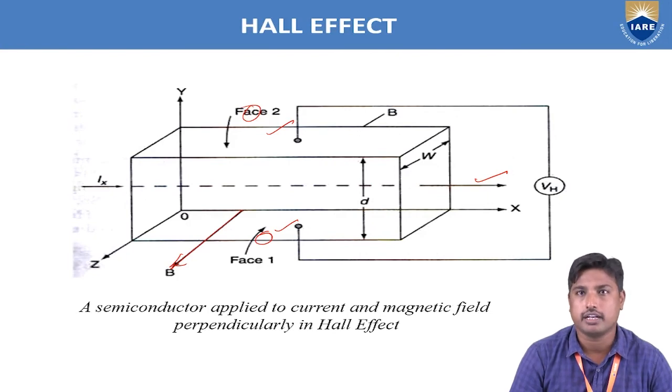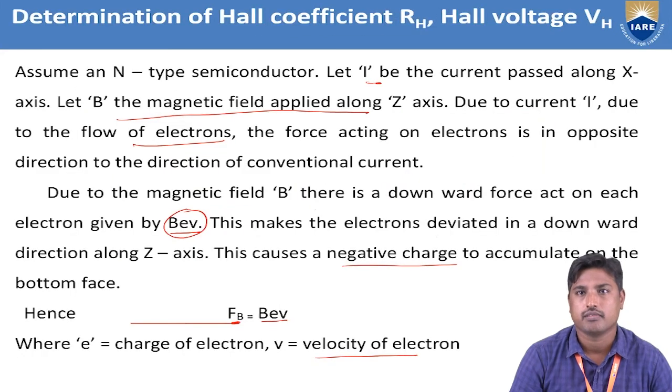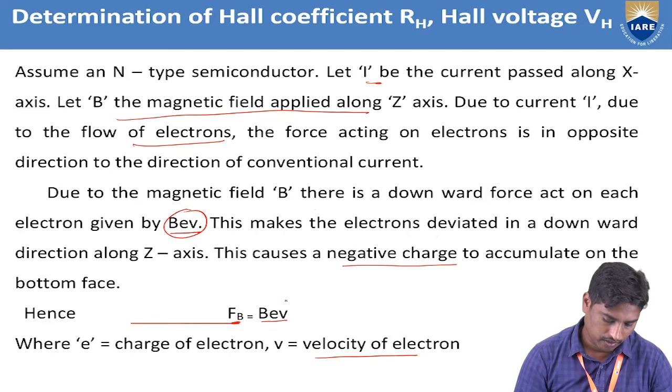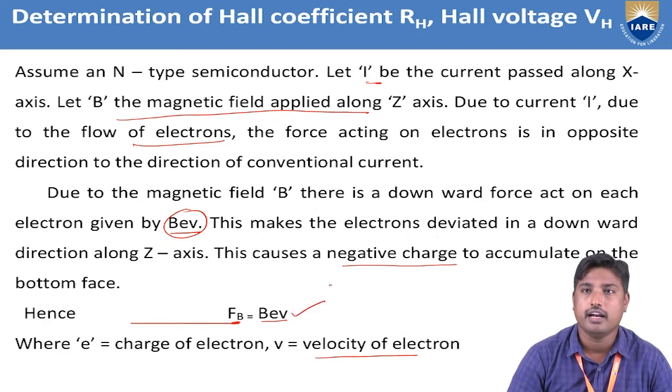And this is a semiconducting material. In the x-axis, current is flowing here. In the y-axis, electric field is generated, force of electric field. And in the z-axis, we are applying the magnetic field. And this is the total derivation. When the magnetic field acts on the electrons, in the opposite direction some electric field is also acting.